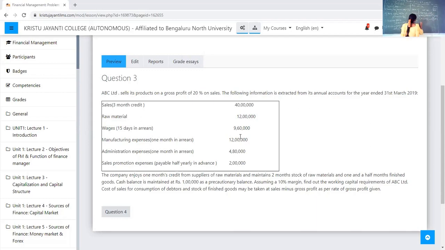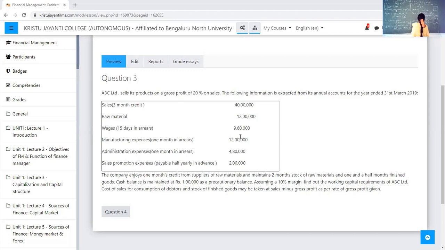Okay, and then we have outstanding administrative expense. How much is outstanding administration? 4,80,000, 1 month. So 4,80,000 into 1 by 12 is how much? 40,000. Okay.